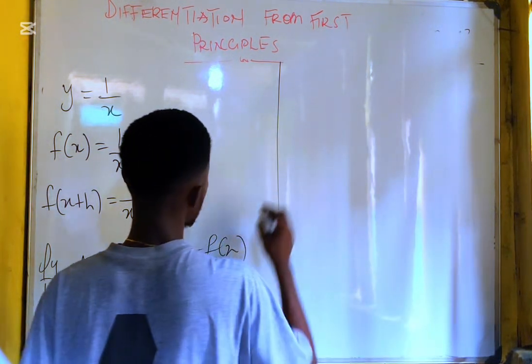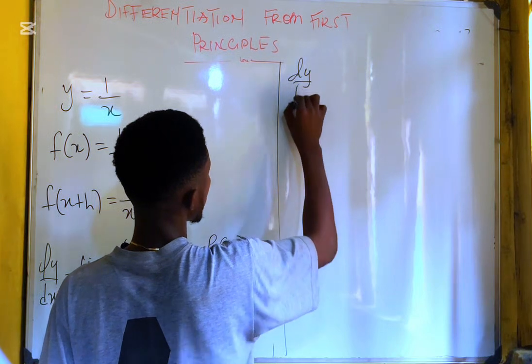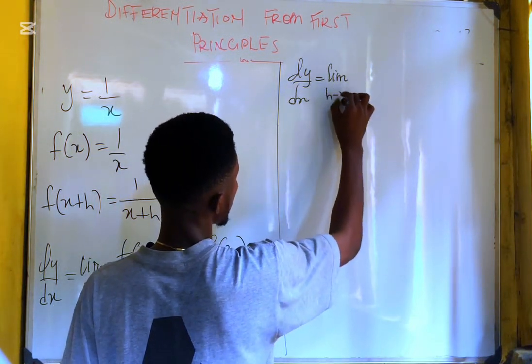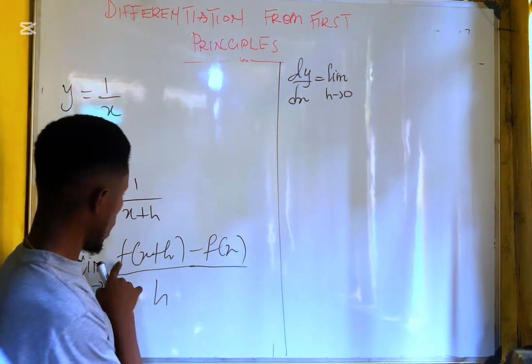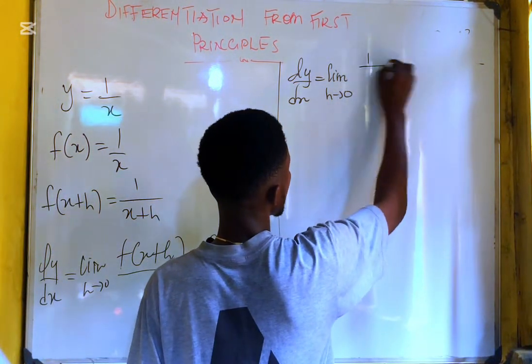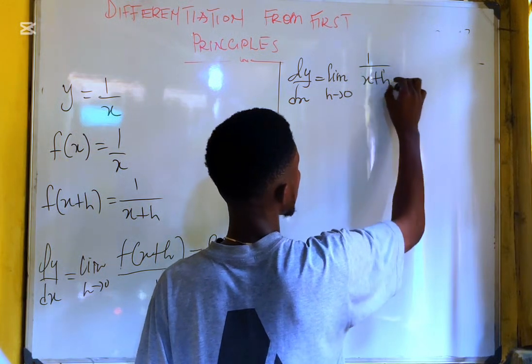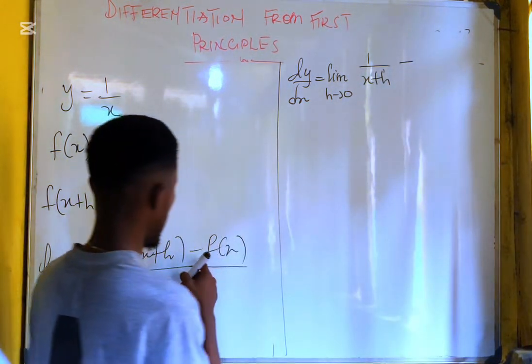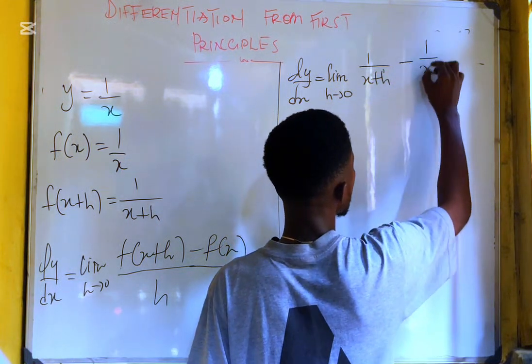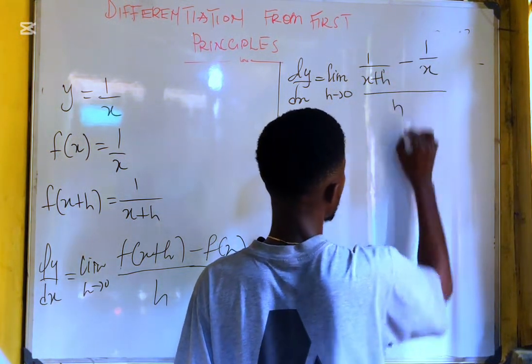So let's see, dy dx equals the limit as h approaches 0. Now f at x plus h is 1 over x plus h, minus f at x, which is 1 over x. Remember this is divided by h.